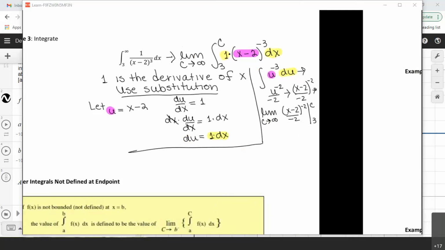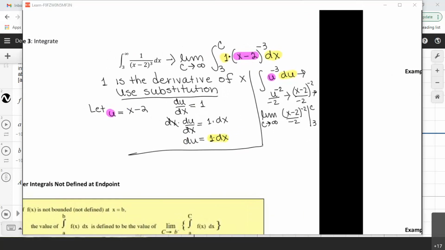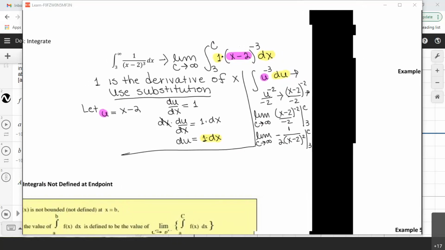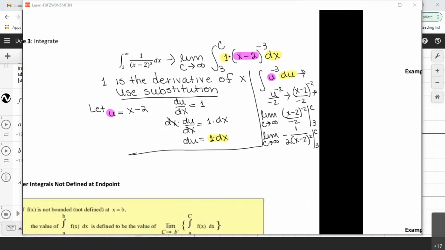All right. I can simplify this a little more if you want. I can say the limit as c approaches infinity. Again, I can bring the negative sign out front. The 2 is down the bottom with x minus 2 squared, and there's a 1 up here. Okay, so that's exactly like the last one, except I have a quantity in parentheses, not just an x.